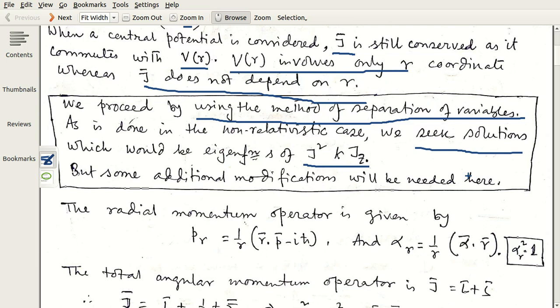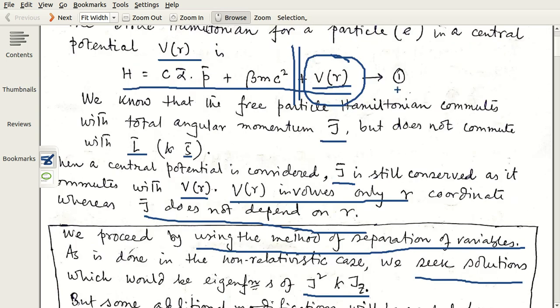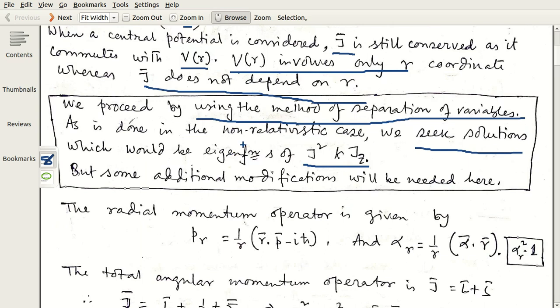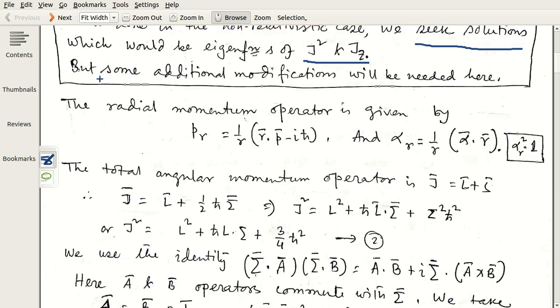So we will try to seek such solutions, and depending on the character of V(r), the shape of the central potential, the radial equation will be solved. As it was done in the case of, say, the hydrogen atom. In this case we will also try to proceed in a similar fashion, but things are a little bit different here. We will see that some additional modifications will be needed.